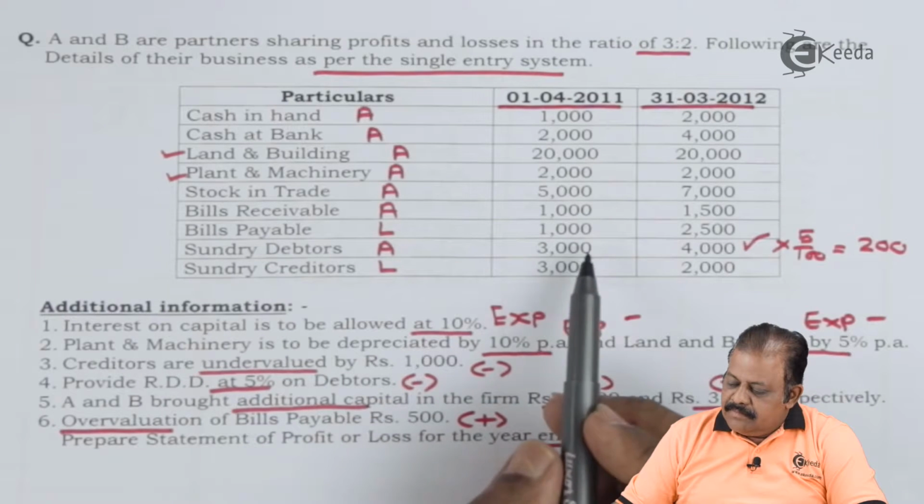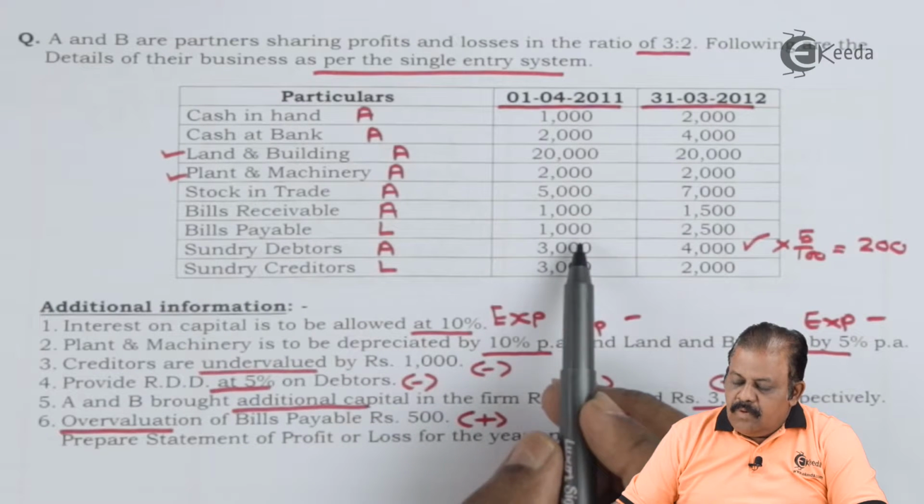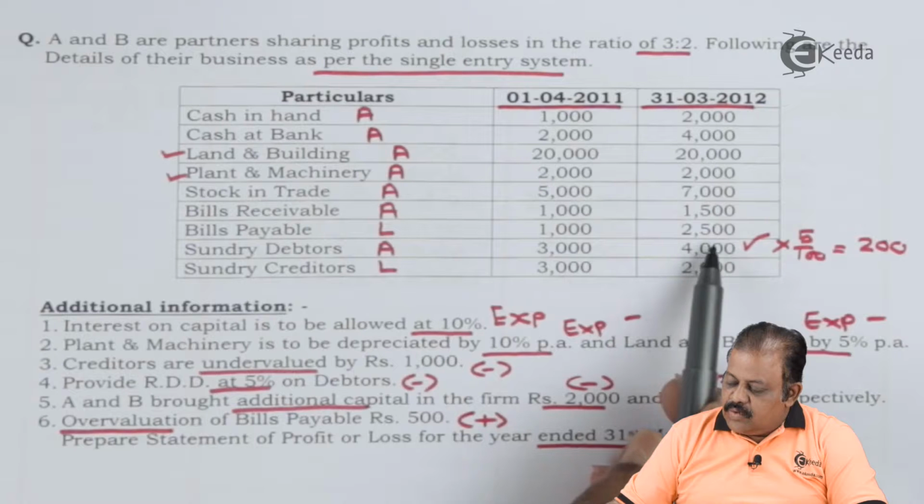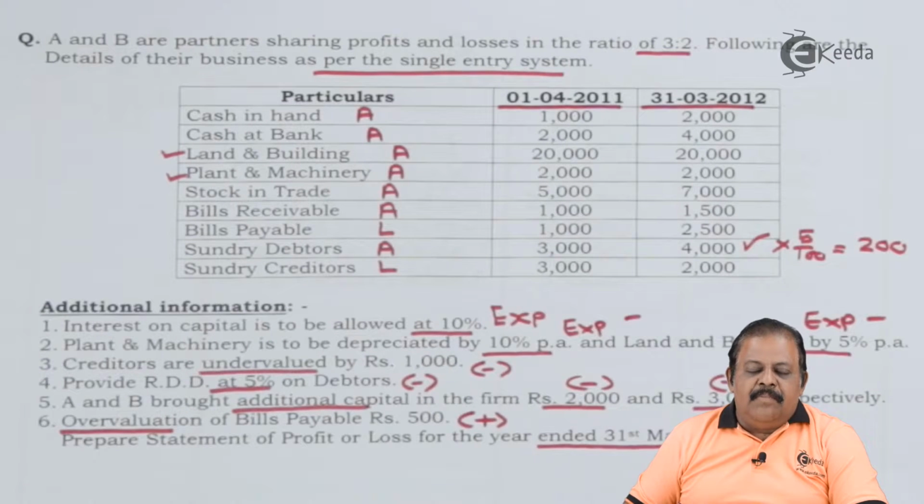Bills payable, opening 1,000, closing 2,500. Liability.